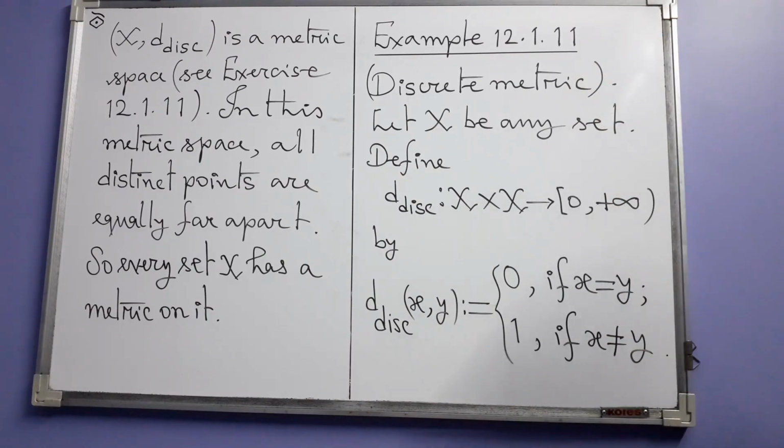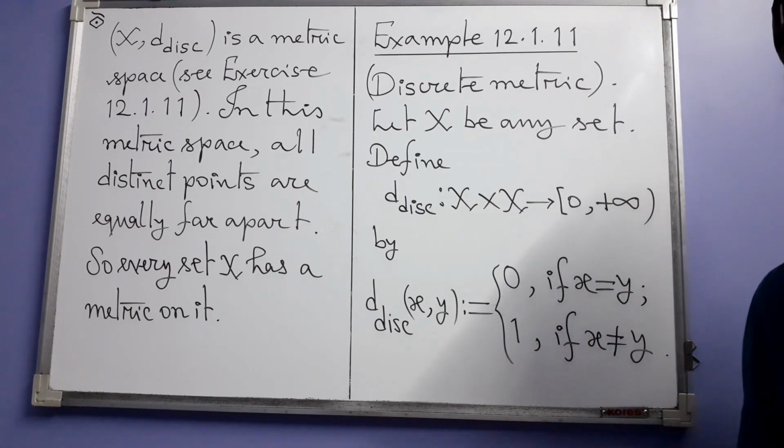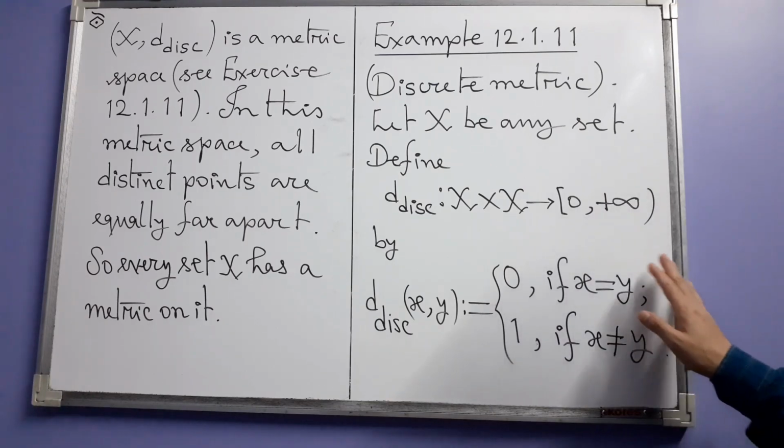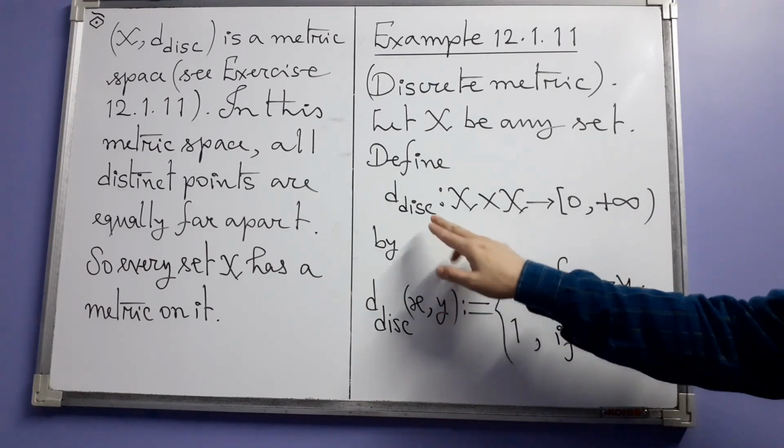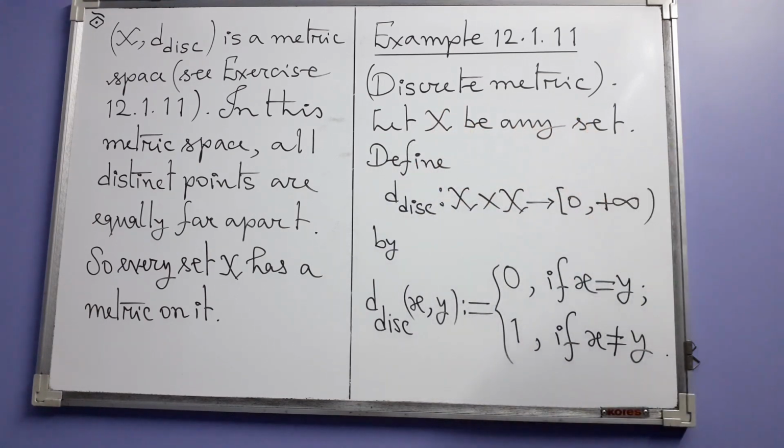Next we have this example 11, and here the metric has a name. It's called a discrete metric. I say a discrete metric because it's not a single metric exactly. Depending on which set it is defined on, it changes. So the definition is this. Oh, but before that, let us consider X to be any set.